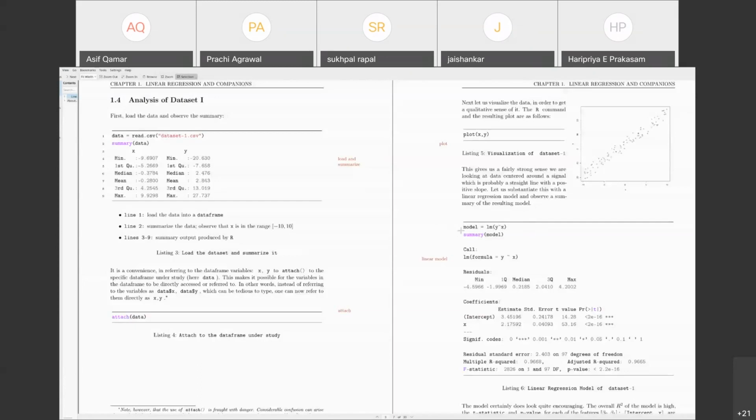And then summary is a general purpose function in R. When you say summary on anything, like here we say summary on the data, it will give you a summary of the data. If you say summary on a model, it will tell you all the parts of the model, the beta naught, beta 1, and so on. So when you look at this, the first thing you start with is actually here at the bottom.